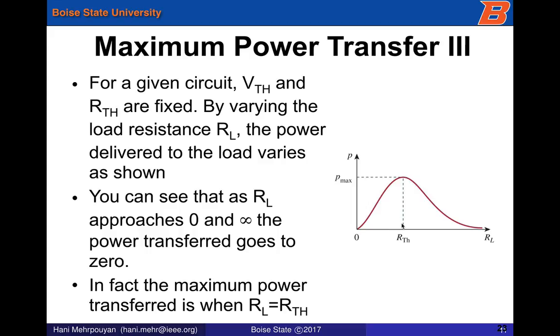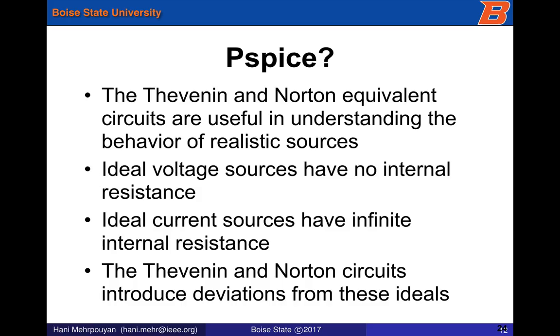As you deviate from this value, you reduce the power transfer. If R_L goes to infinity, you have zero power transfer, and as R_L goes to zero, you again have zero power transfer.